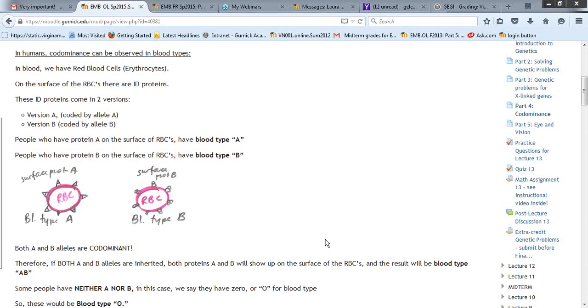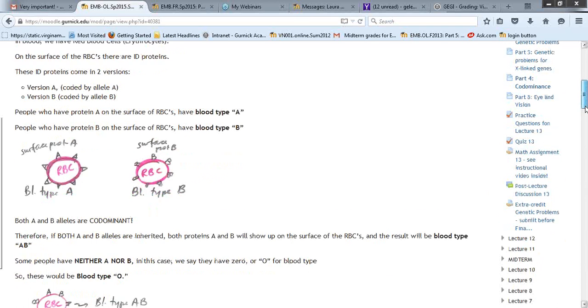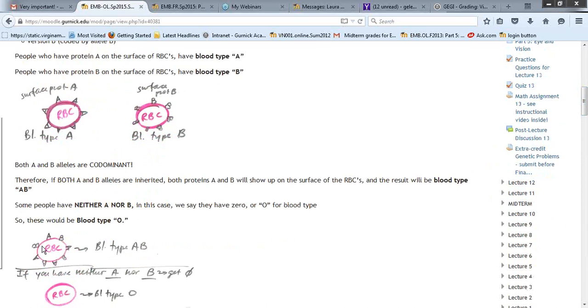Now, some people inherit both allele A and allele B. Because A and B are both dominant, they will both get expressed. As a result, you will express both A's and B's on the surface of your red blood cells, and we say that you have blood type AB.